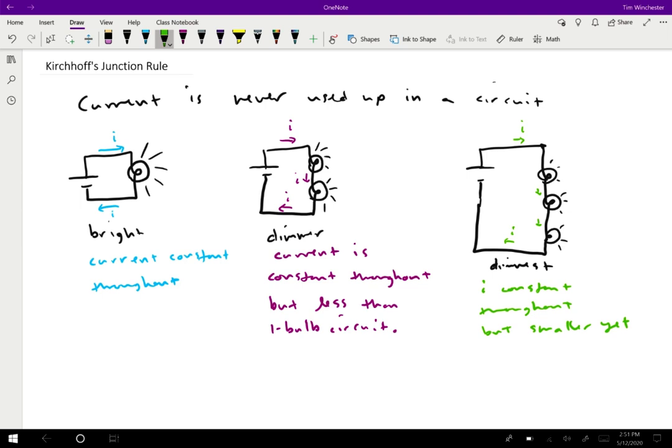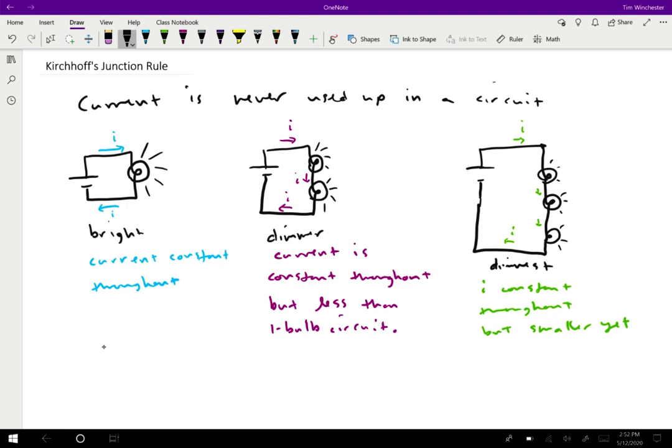Okay, so how can we think about what's going on here? Well, one model that you might come up with is that each of the light bulbs is essentially an obstacle to the flow of current. So current is trying to flow in each case, but it is harder in cases where there's more bulbs. So the idea that we're talking about is resistance.